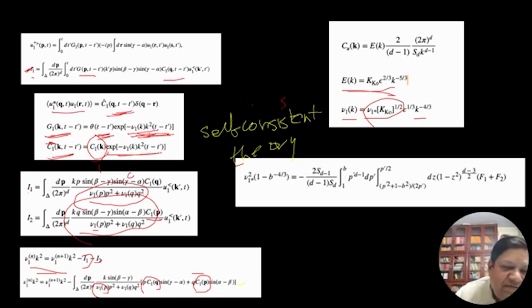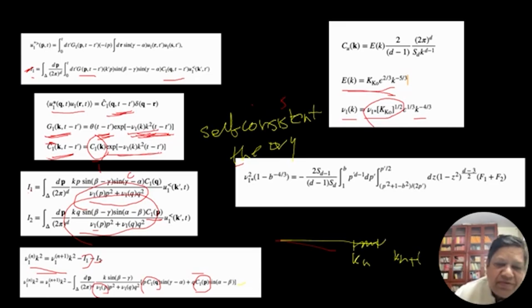So remember, our integral is kn to kn plus 1. It is kn to kn plus 1, this region only.